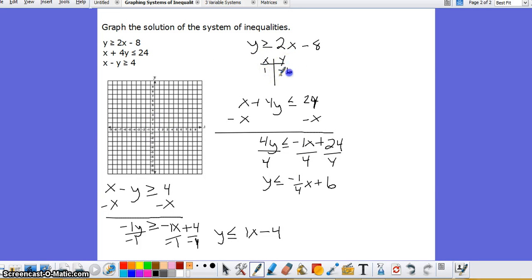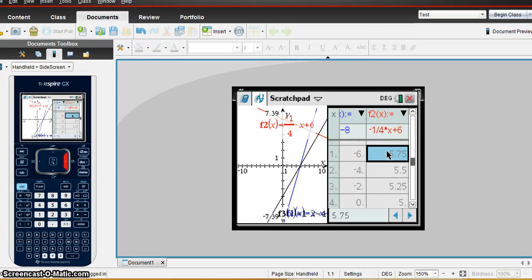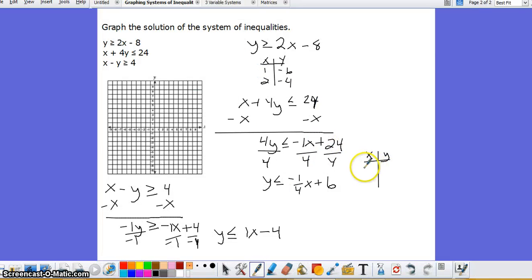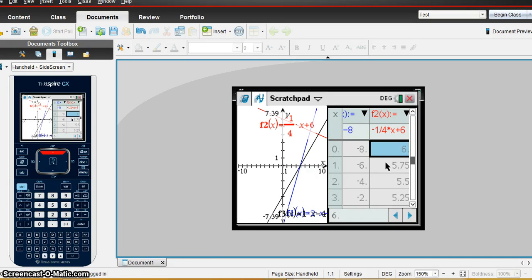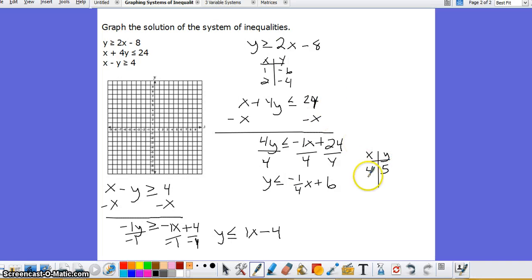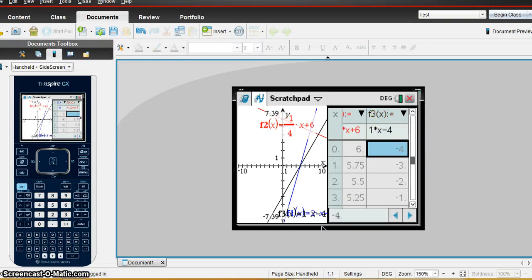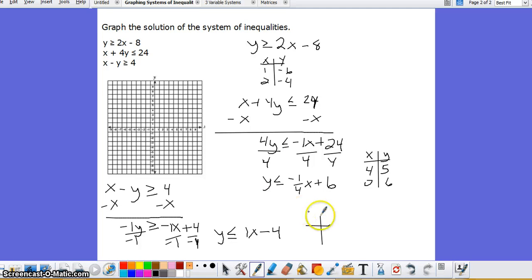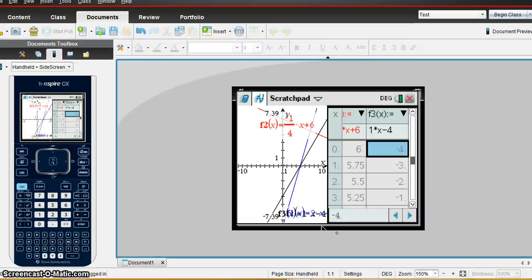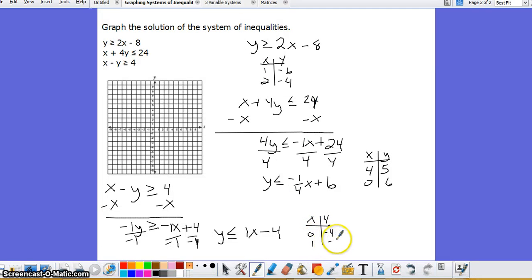Going over, it looks like I have 4, 5, and going back this way I know I have 0, 6. Then I need a couple for the last one: 0, negative 4 and 1, negative 3.